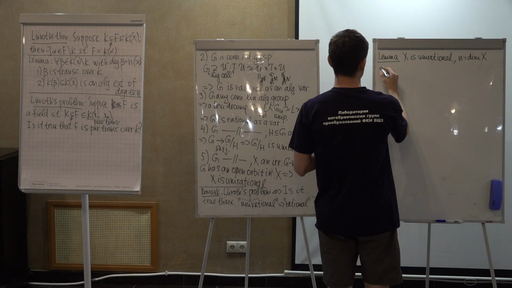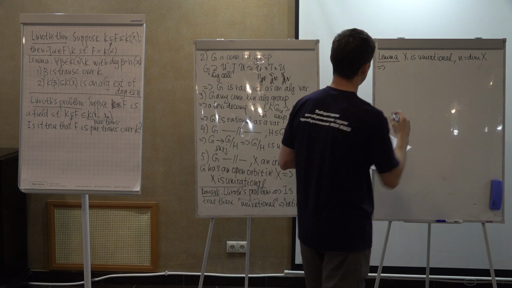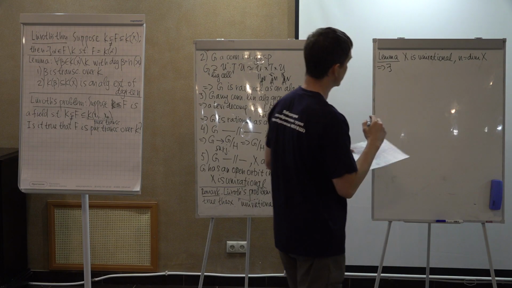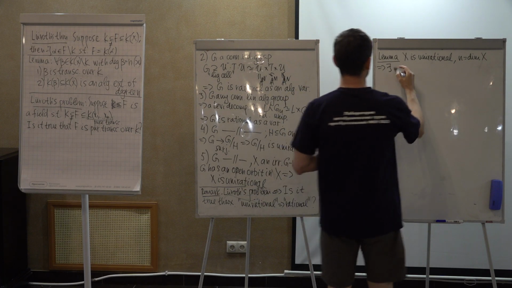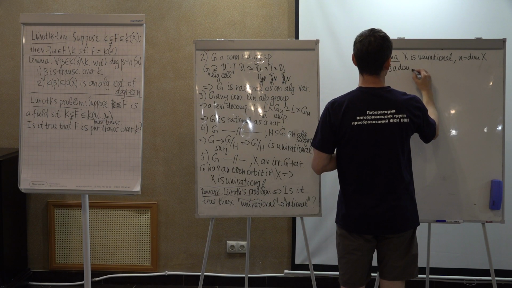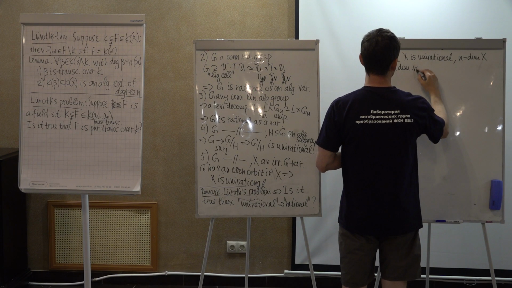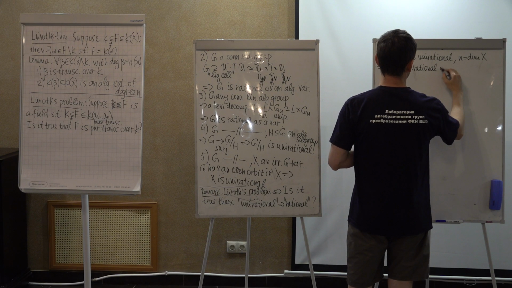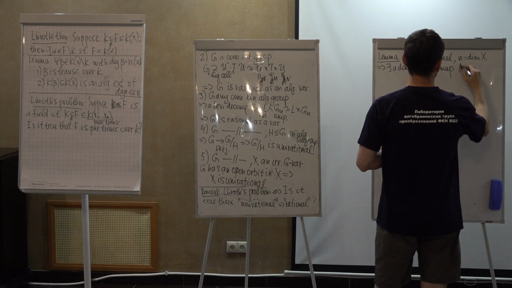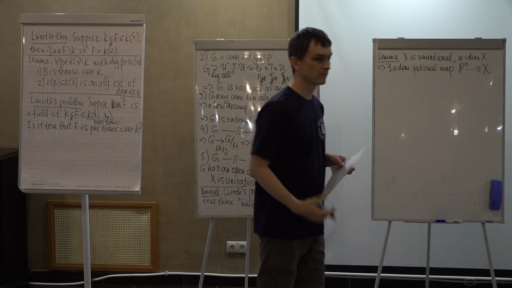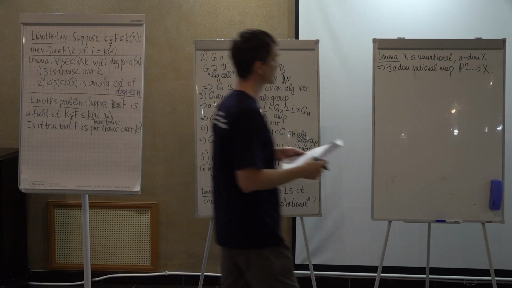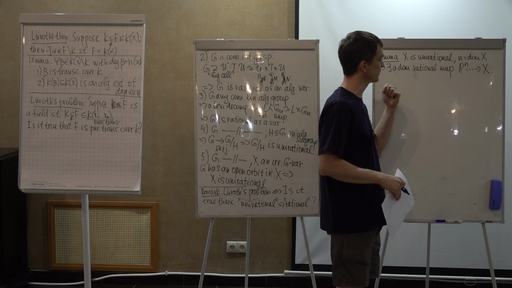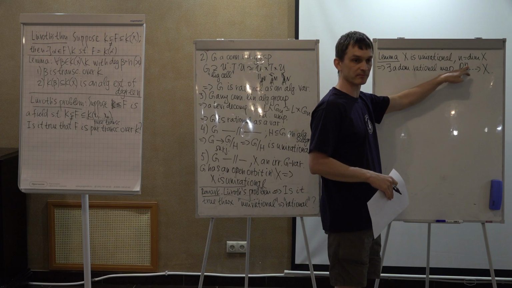Then we can actually find a dominant rational map from the projective space of the same dimension to X. So recall that in the definition of unirationality, we required n to be arbitrary, right?